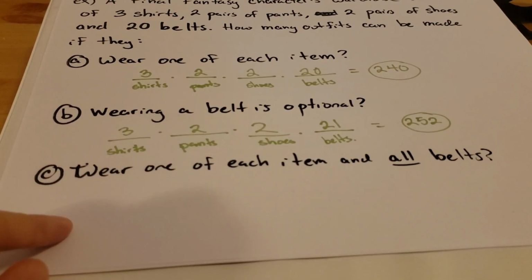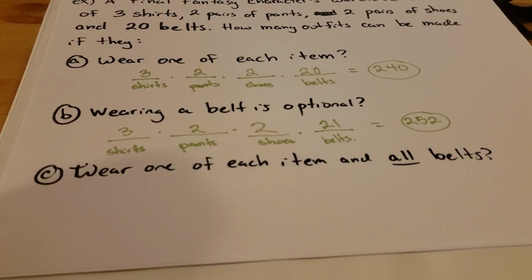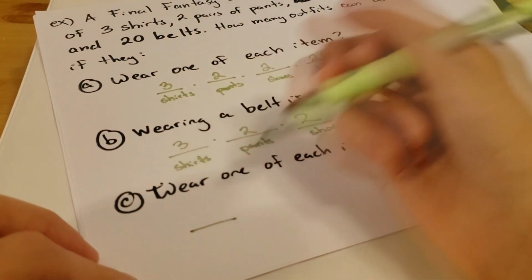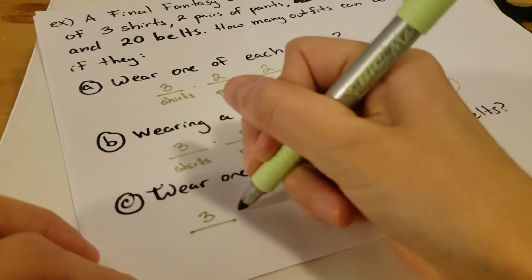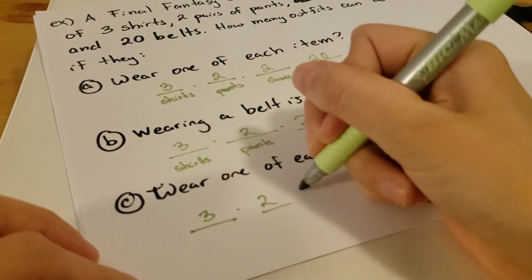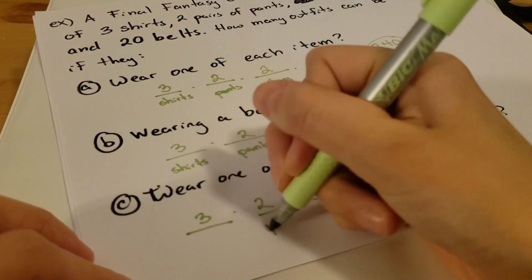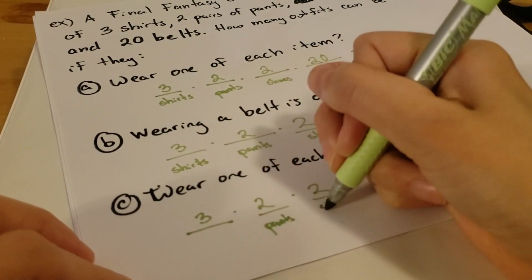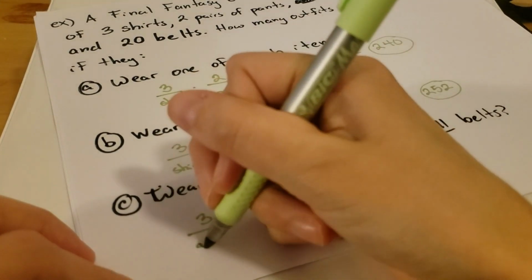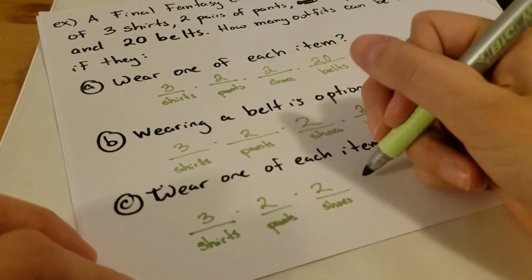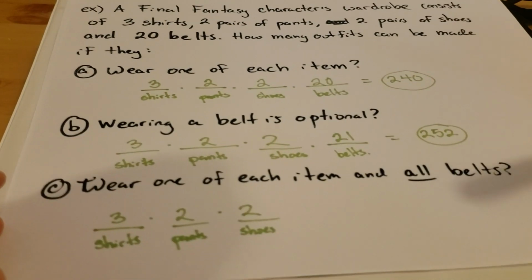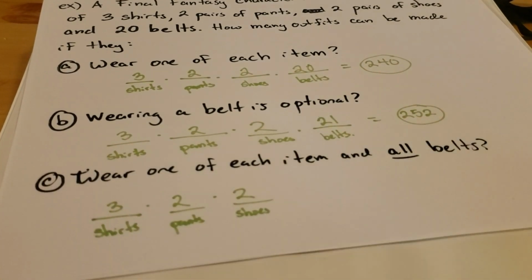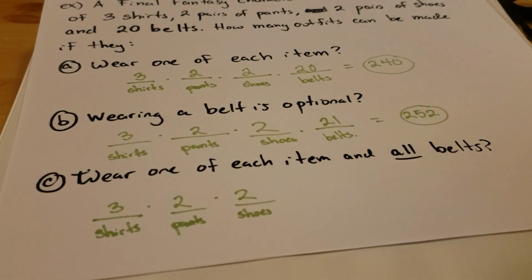Now let's look at the last situation. So here we're being told they're going to wear one of each item, and then they're going to wear all of the belts at the same time. So we still have 3 choices for shirts, 2 choices for pants, 2 choices for shoes. But now when it comes to the belts, we need to figure out, well, how many choices do they have if they're wearing all of them together at the same time?